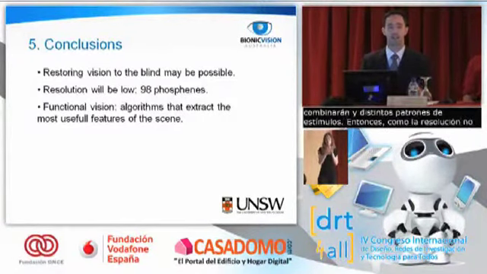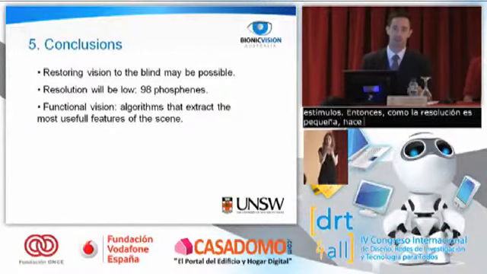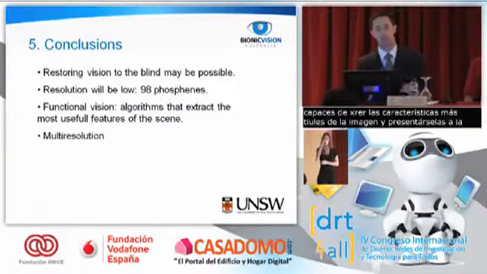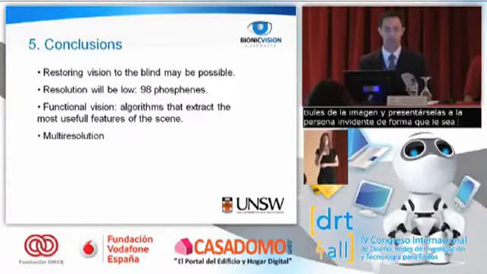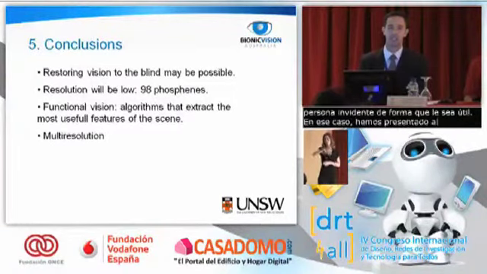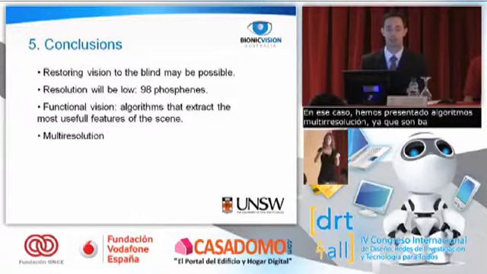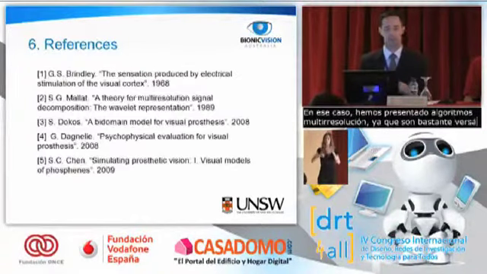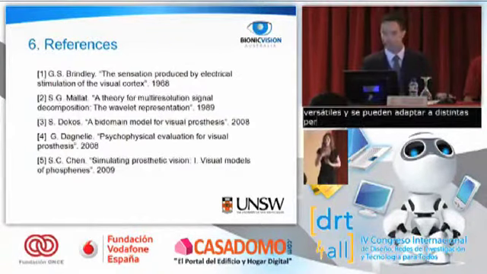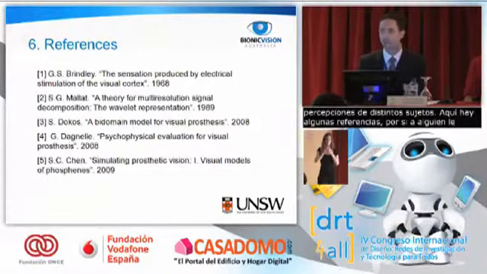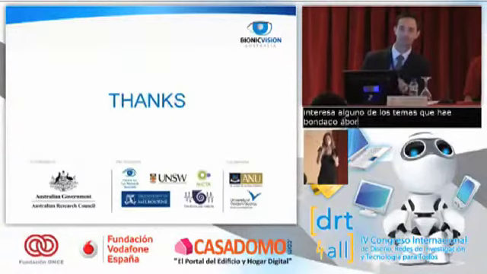Given that the resolution is small, we need to have algorithms that are able to extract the most useful features of the image and to show them in such a manner to the blind person that are useful for that person. We have used multi-resolution algorithms because they make it easier to adapt to the person, and this is some bibliography in case you are interested. And thank you very much for your attention.